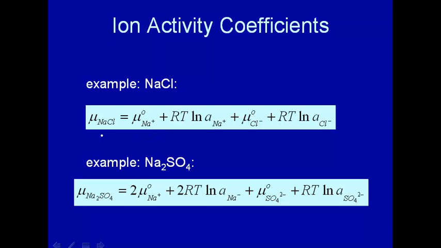We have the total sodium chloride chemical potential is the sodium standard state plus RT times the log activity of sodium plus the chloride standard state plus RT log activity of chloride. For sodium sulfate, the total chemical potential will be, oh, look, you have 2. This is multiplied by 2 because when you put this in water, you get 2 sodium ions, so that's where that 2 comes from. And then you have here the sulfate.